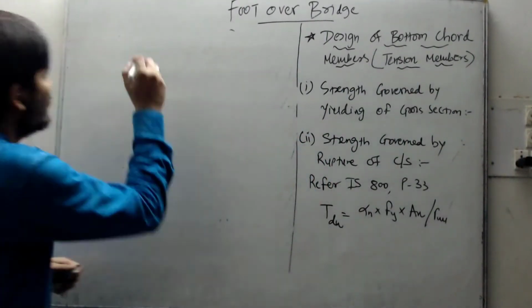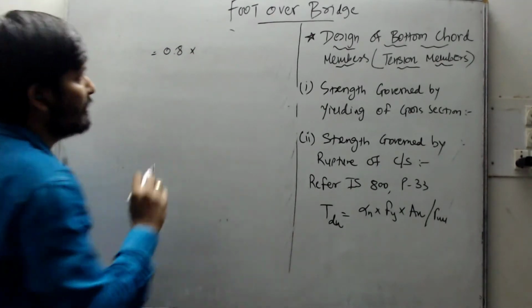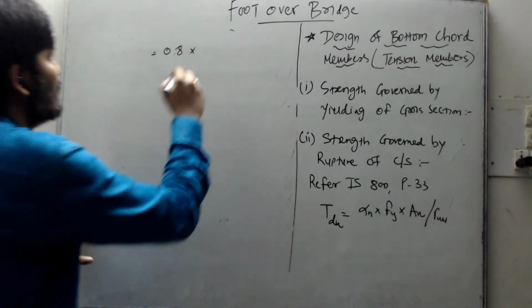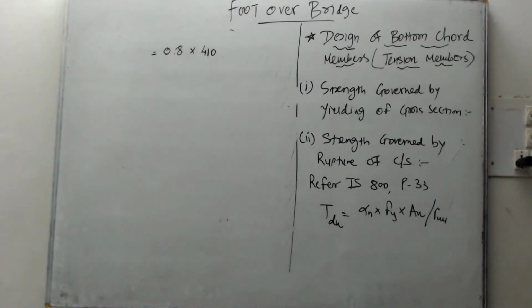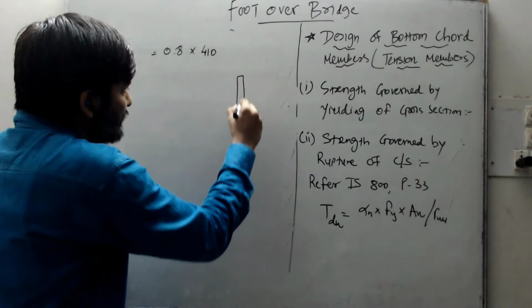Alright, so alpha_n is 0.8 multiplied by Fu. Fu is 410, right? Then we need to calculate the value of An, the net area, right? To do that, we first need to have an idea about the joint.